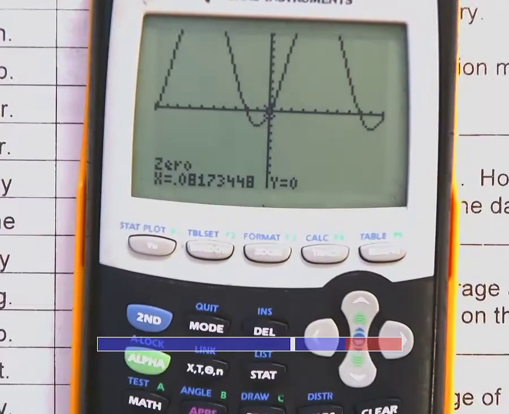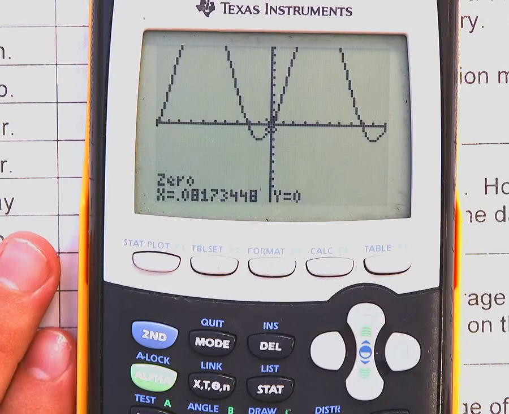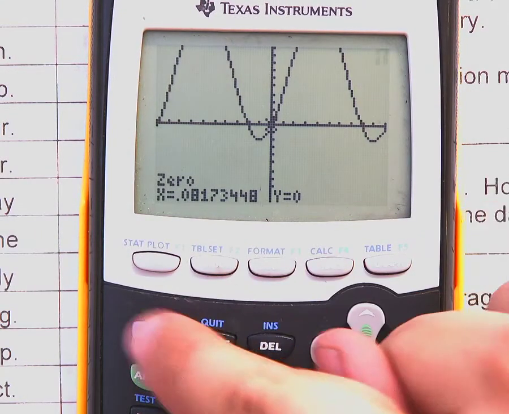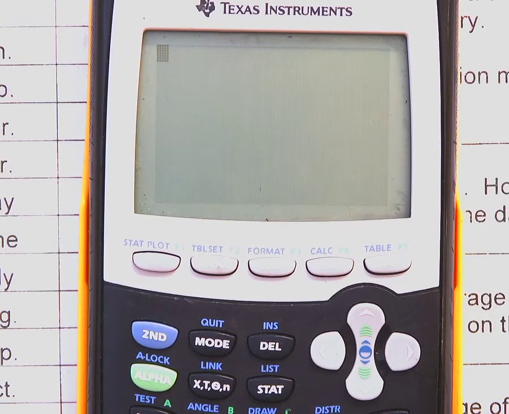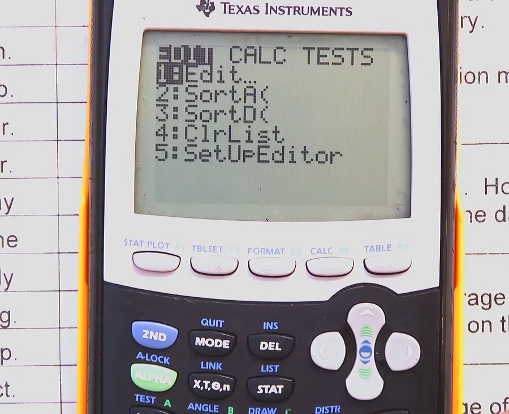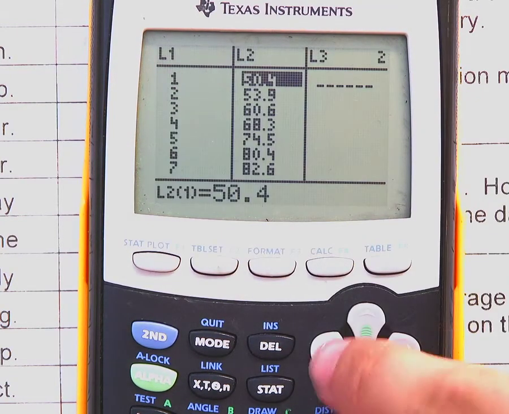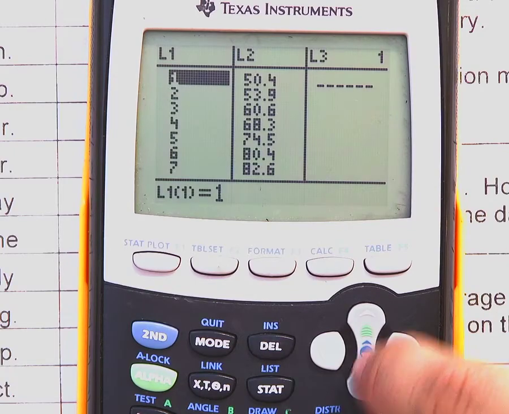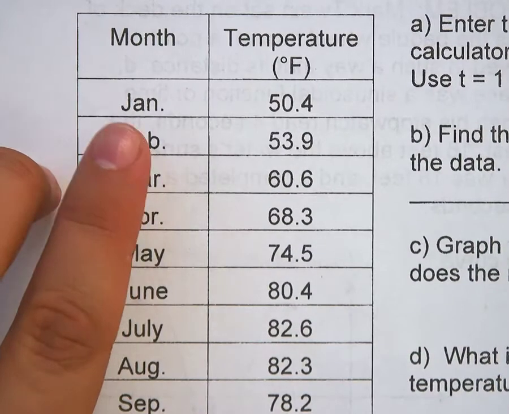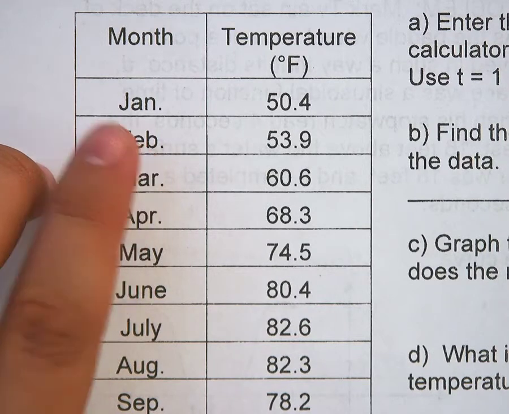It wants us to enter the stuff into our calculator, right? So I'm going to get out of this, clear that out. I'm going to go to stat, this little button right here that says stat. Hit stat and edit, number 1. And I have already entered this information.